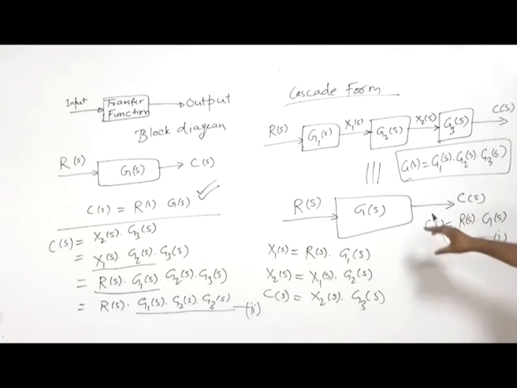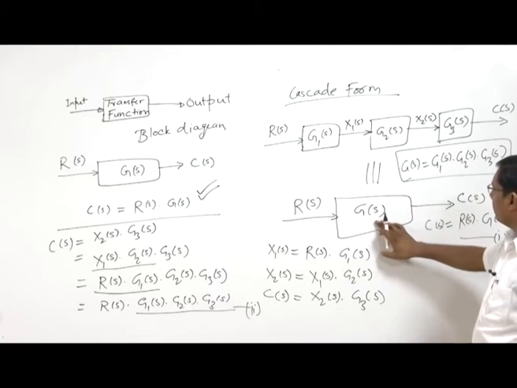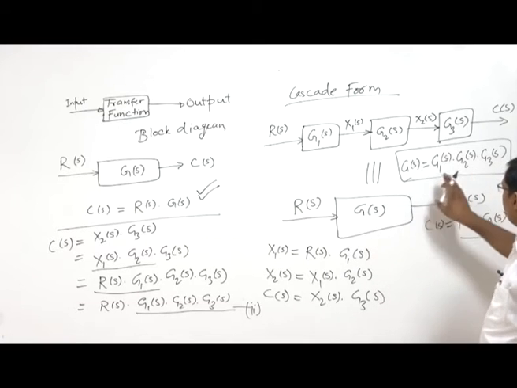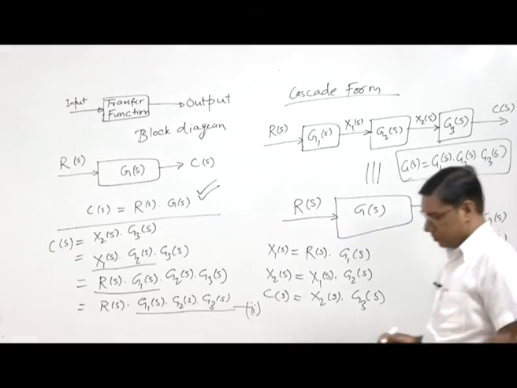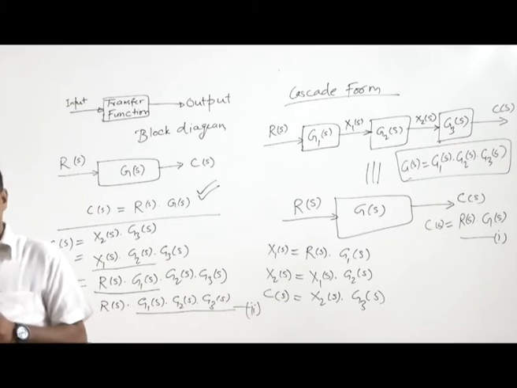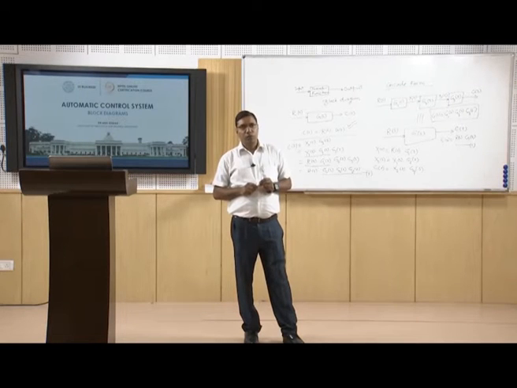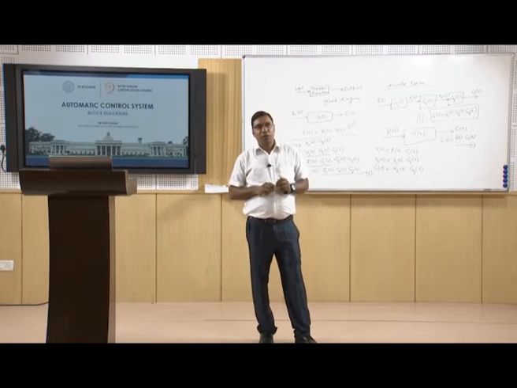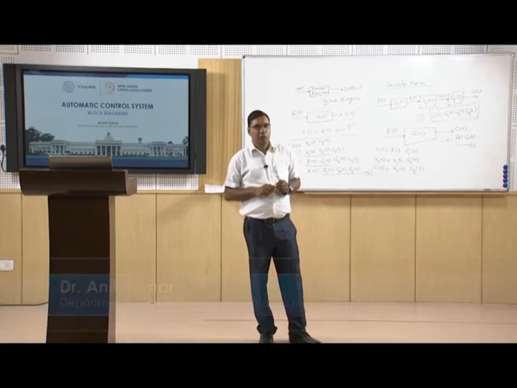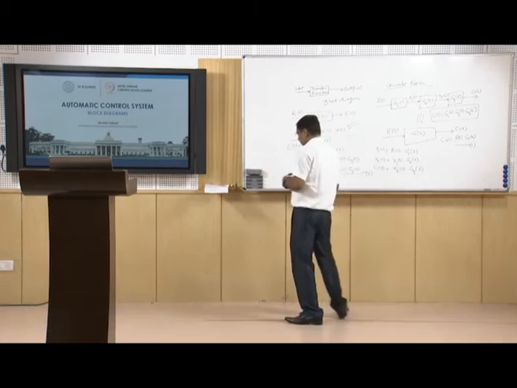So we can replace these 3 blocks by 1 block, and this block's transfer function will be the multiplication of the individual blocks' transfer functions. The general conclusion we can draw is that if the blocks are in series, we can replace them with a single block, and the transfer function of that single block will be the multiplication of the individual blocks. That is the equivalent transfer function. Here G(s) is the equivalent transfer function.